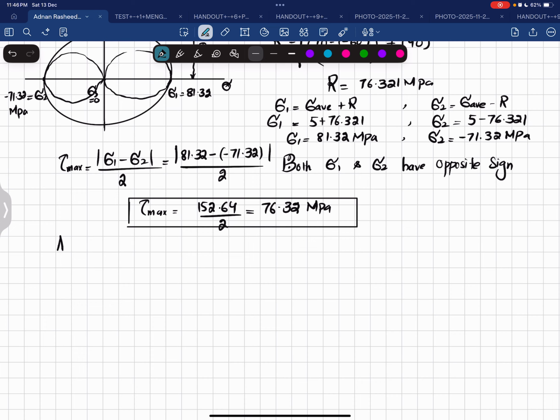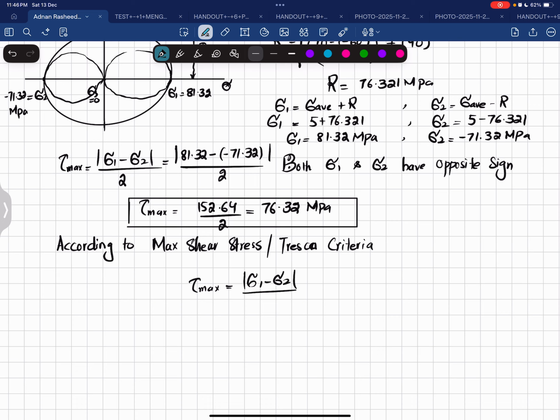Now we have this value of maximum shear stress. So according to maximum shear stress theory, which is also known as Tresca criteria, if sigma 1 and sigma 2 have opposite signs, then the maximum shear stress, which is equal to sigma 1 minus sigma 2 divided by 2, should be less than or equal to sigma yield divided by 2.